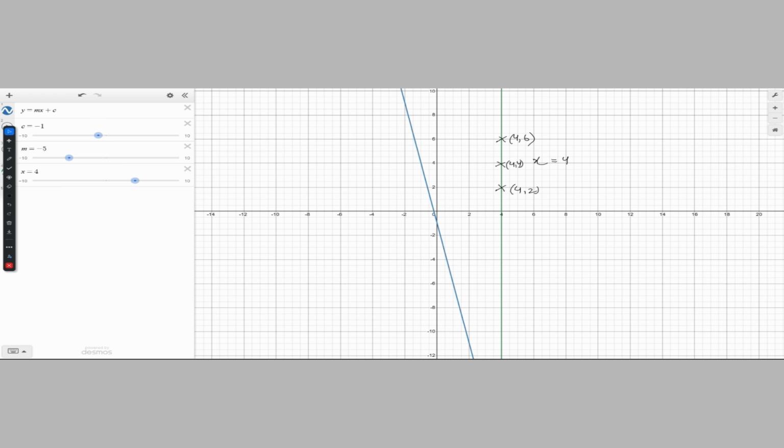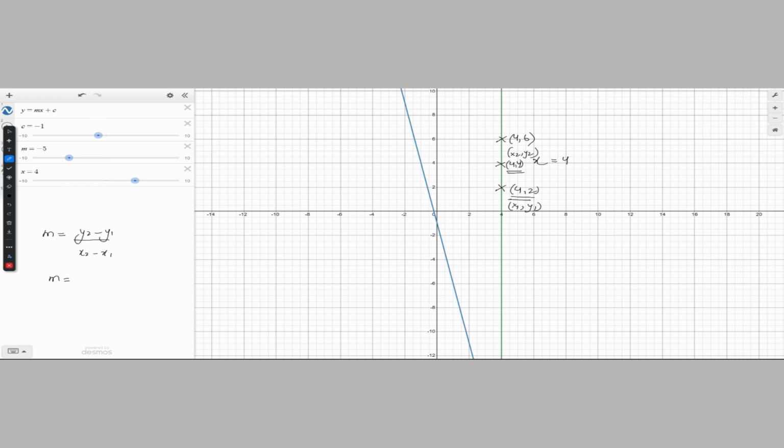And let's say if you find the gradient of the vertical line, you can do m equals y2 minus y1 over x2 minus x1. Let's say this one is 4 comma 2 and 4 comma 4. Let's say this one is x1 y1 and this one is x2 y2. It is up to you, you can take any coordinates.